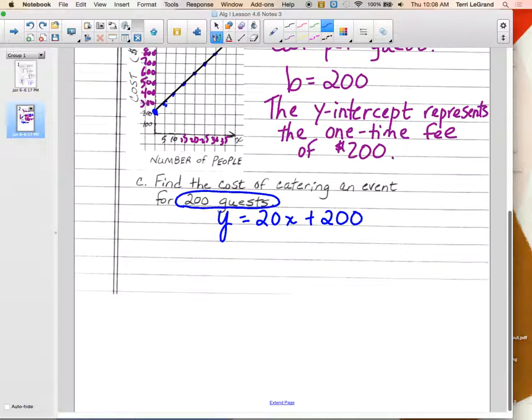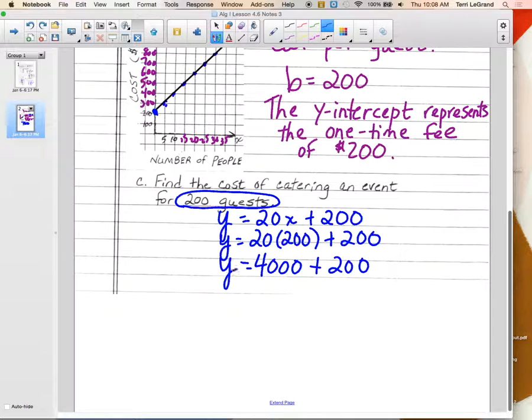So we're going to put 200 in for x. $20 times 200? 4,000. 2 times 2 is 4, and we got 3 zeros to tag along with it. And then plus our 200, that is what our y value should be.